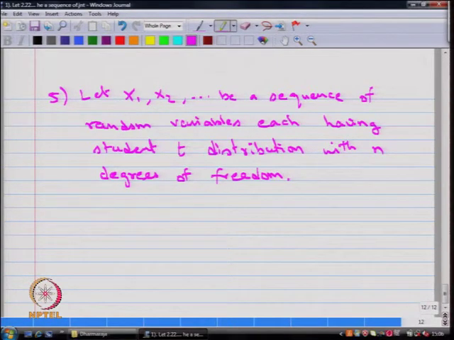Our interest is to find out the limiting distribution of the student t distribution.